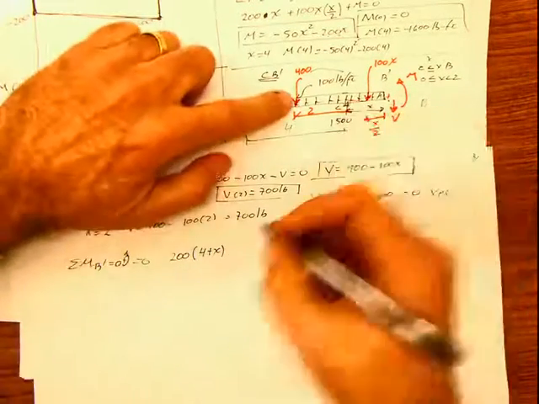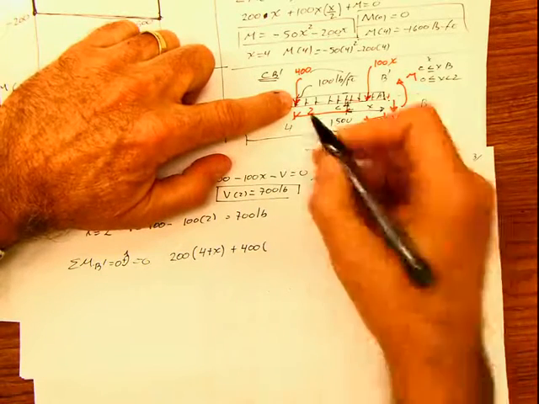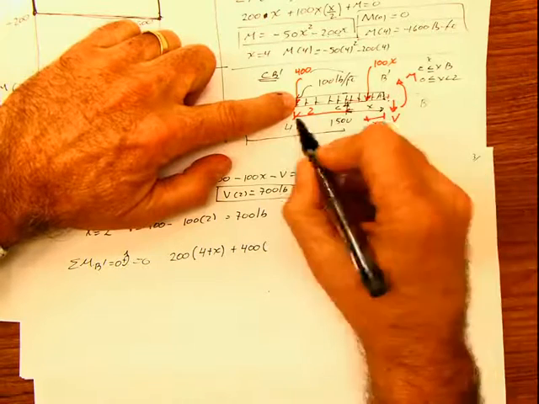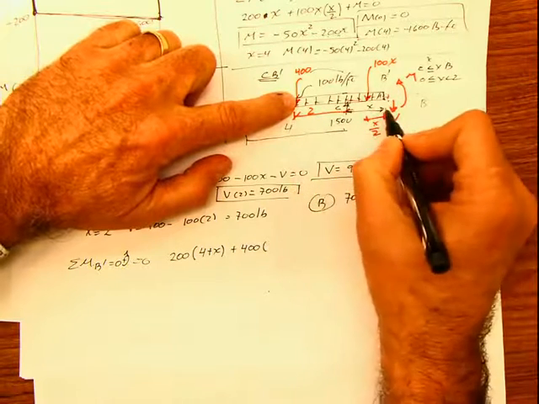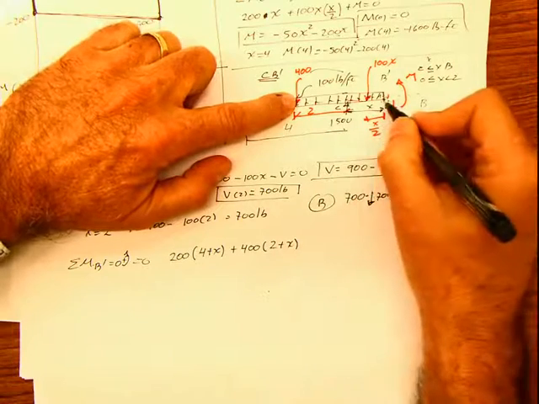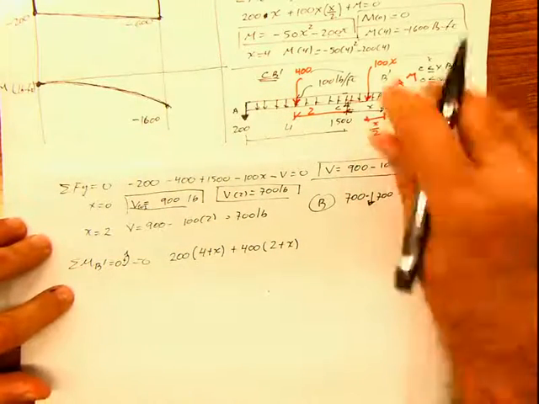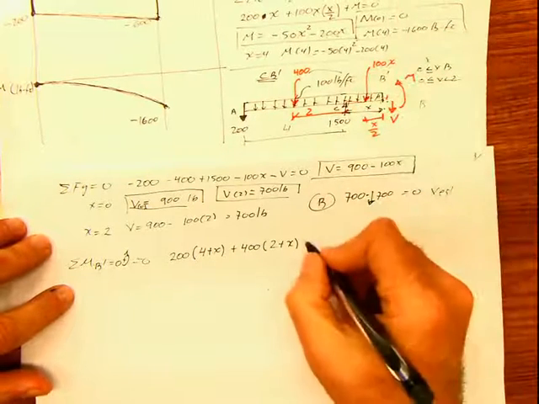Now this 400 plus also times the distance from here to here, and that distance is 2 plus x. Remember, we are here. Now 1500 times x, but this time is rotating in the negative direction.